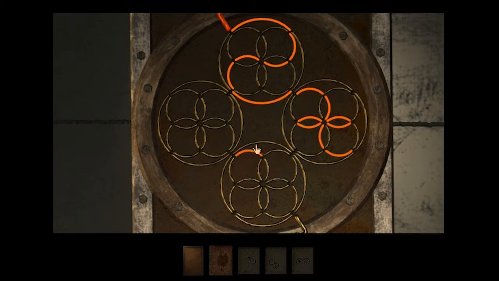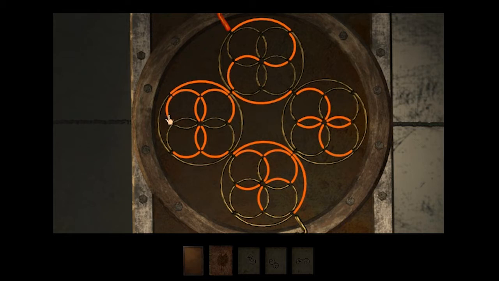Stimulate. Stimulate civilization. It doesn't look like it goes all the way down.